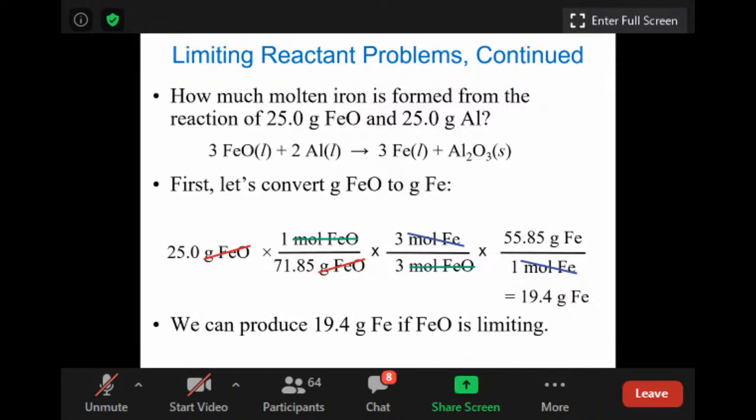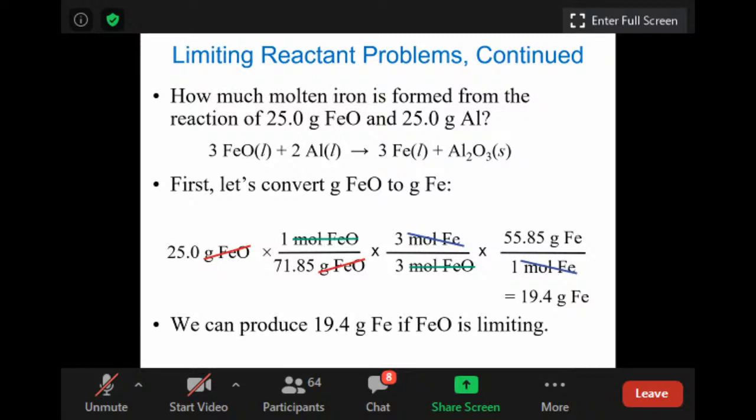So put a box over the molten iron, since the question is how much molten iron is formed from this reaction, and put an X gram in our box. What's given to us?